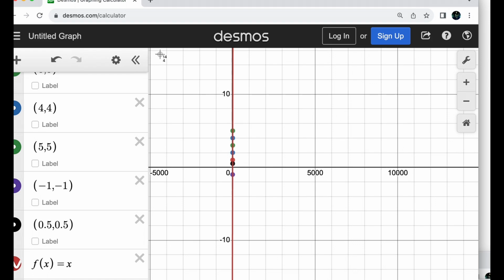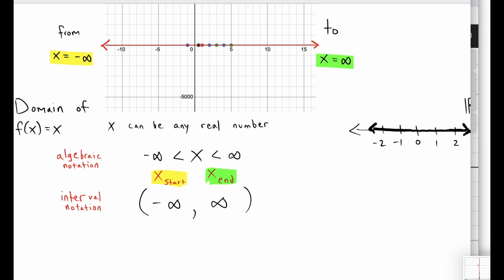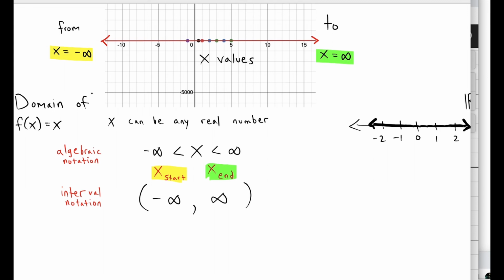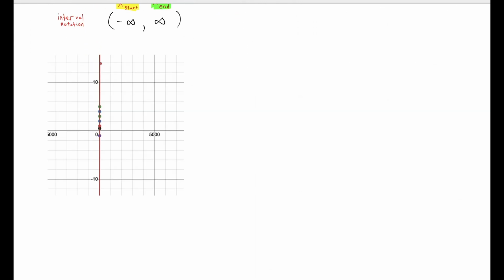So we now have to express the range in a similar way that we did for the domain. The domain's all about x values. It's all about the horizontal values. Range is all about the vertical values. We have to acknowledge that the y values are going to go on forever toward the top and bottom.